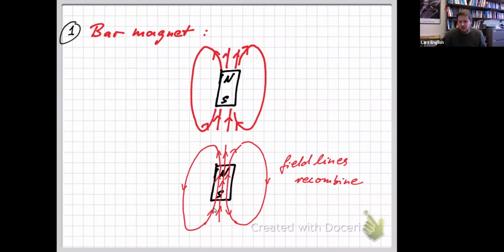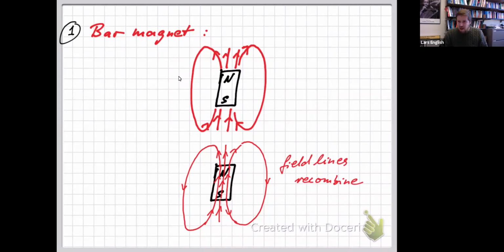As you can see, a field line comes in externally into the South Pole, but internally then continues from the South Pole to the North Pole, and then externally emerges from the North Pole and loops back. That is true for every one of these field lines. This one would be a particularly long loop, but nonetheless, it should recombine.